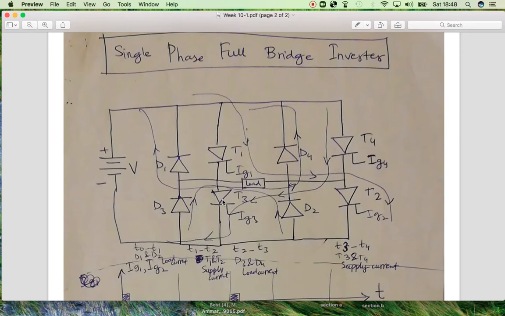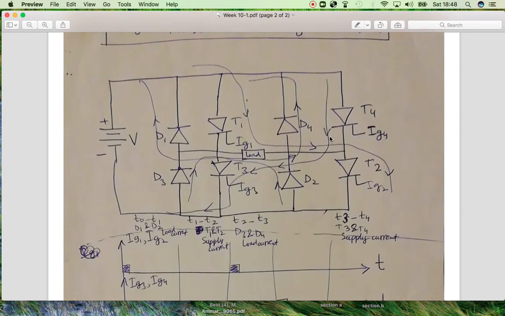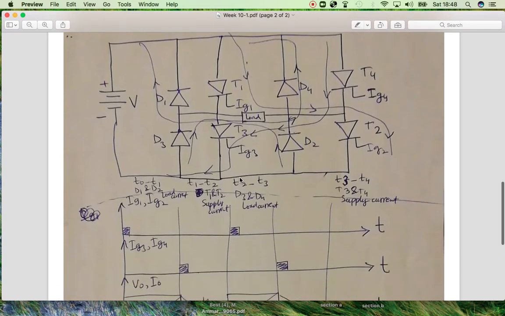And we have two modes of operation over here. In the first mode we turn T1 and T2 on and T3 T4 off. In the second mode we turn on T3 T4 and we turn off T1 T2. So out of 4 thyristors only 2 thyristors are on at a time.